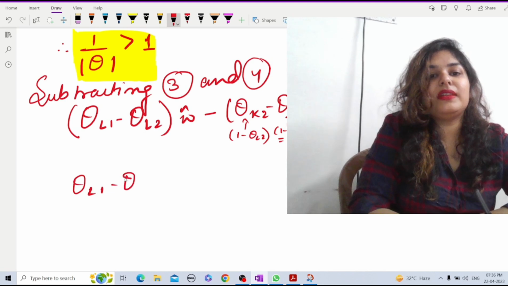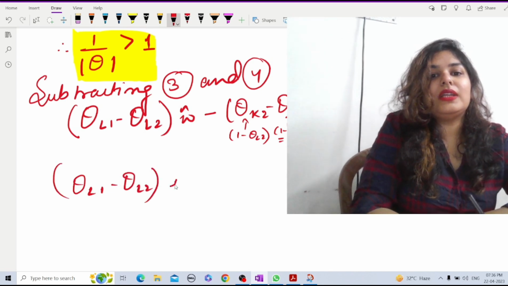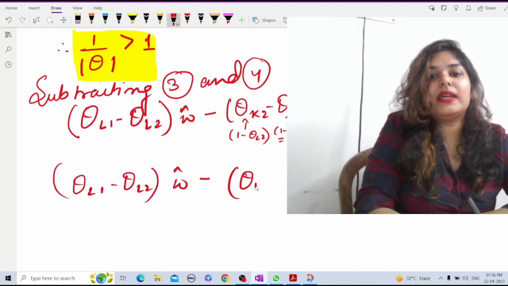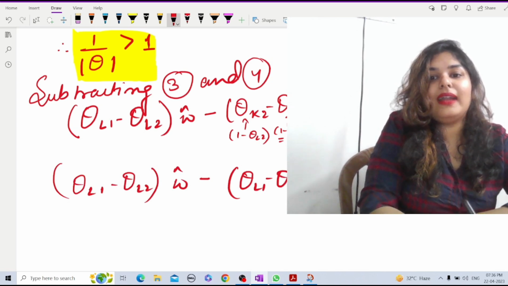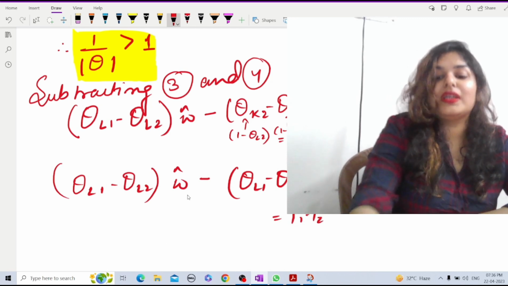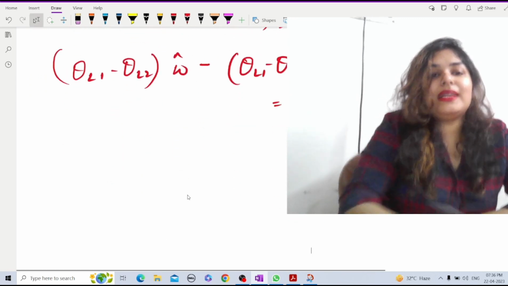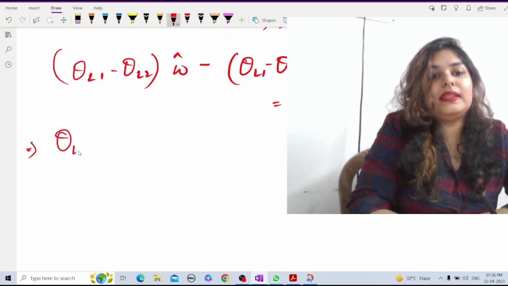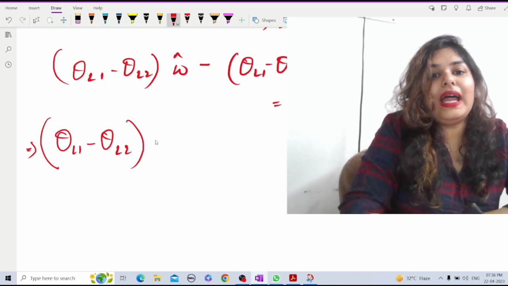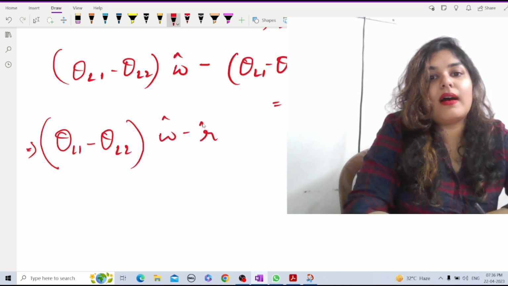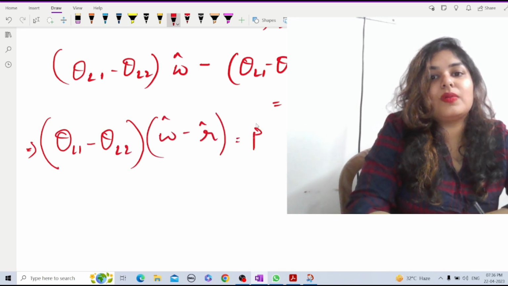We will get theta L1 minus theta L2 into W hat minus theta L1 minus theta L2 into R hat is equal to P1 hat minus P2 hat. This is what we will get. So now let us take this as common. So we get theta L1 minus theta L2 as common and we have W hat minus R hat remaining, which is equal to P1 hat minus P2 hat.